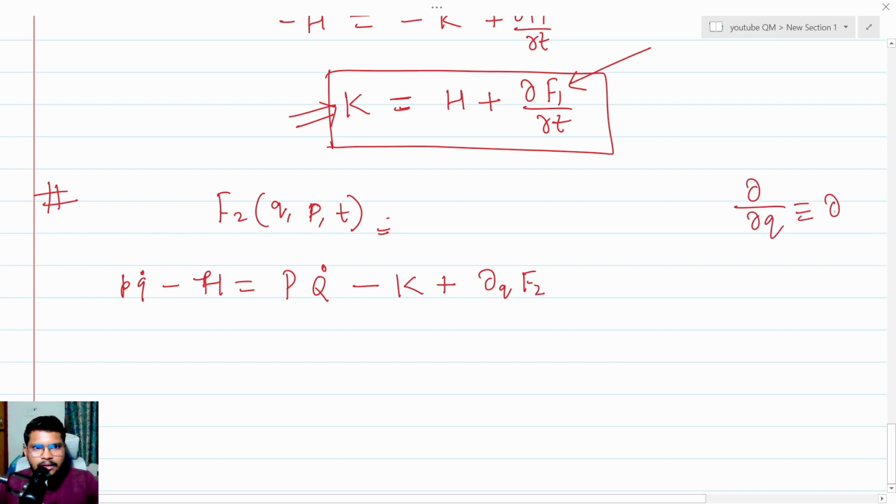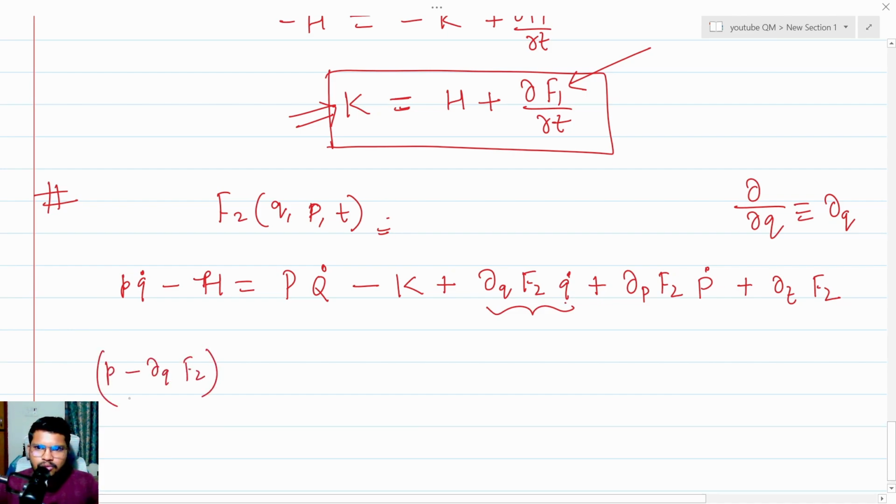Writing it like this: q dot, del F2 by del P, P dot, del F2 by del t, right? Now over here I got q dot, so it simply becomes del F2 by del q times q dot minus H.